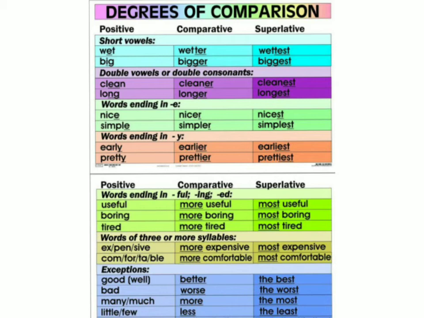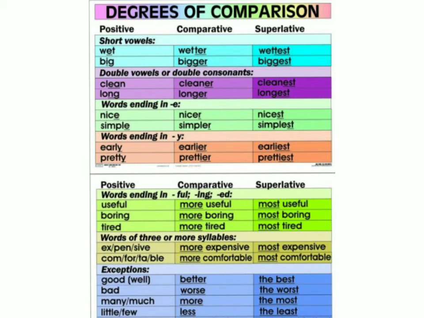Okay, so there are two syllables. In such a condition we use more in comparative degree before the adjective and most in superlative degree before the adjective. For example, useful, more useful, most useful.